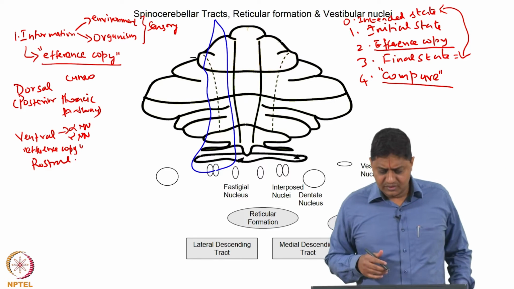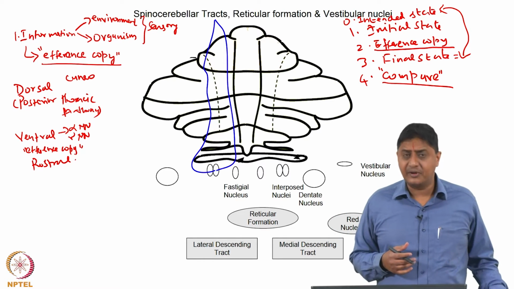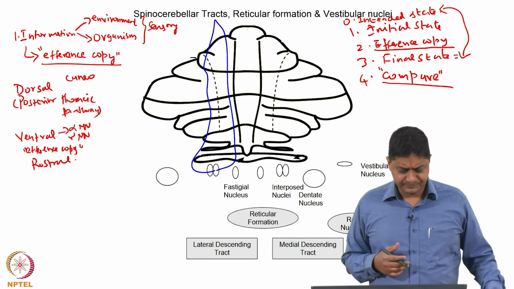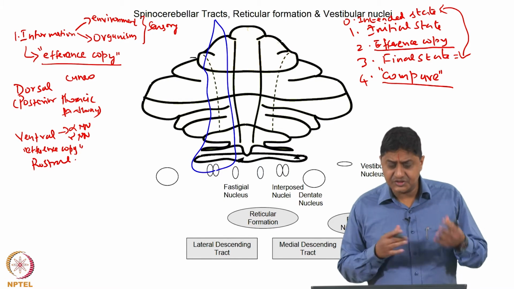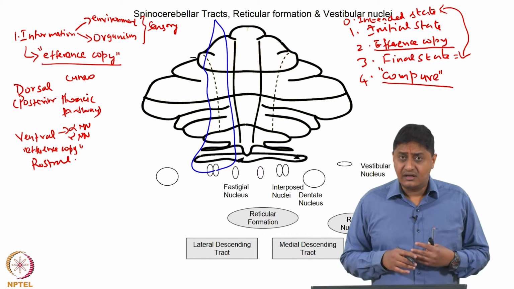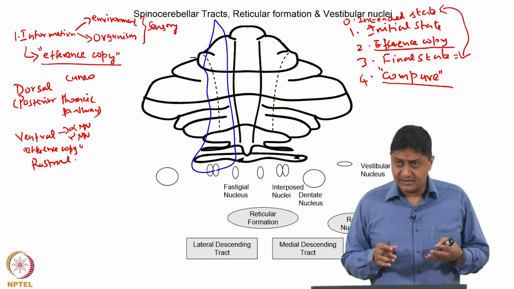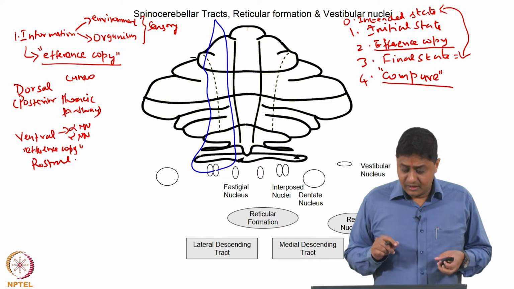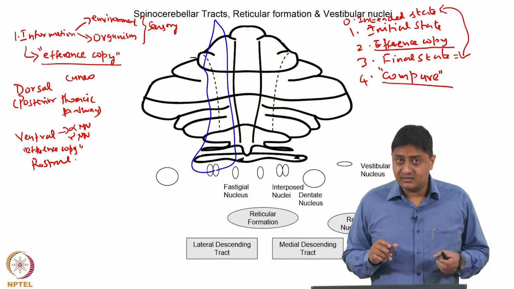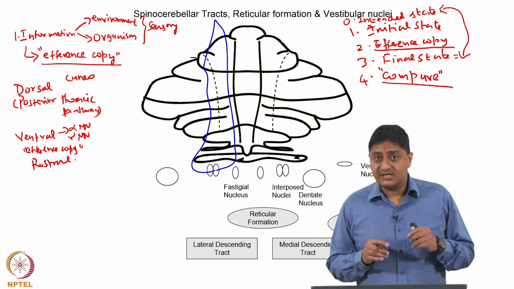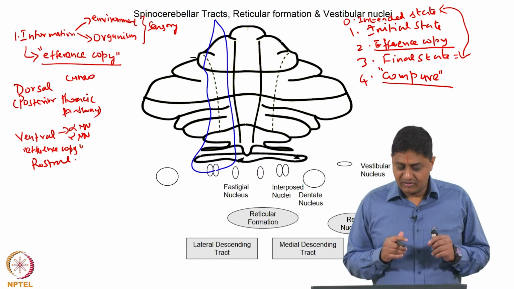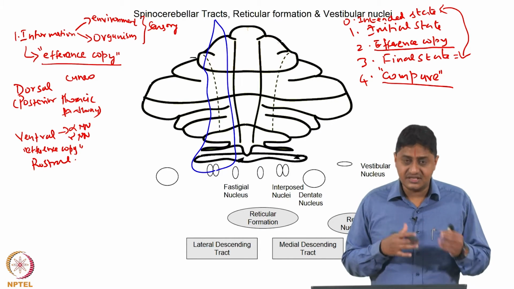It is known now from experiments on animals that these two perform different actions. For example, if there is a decerebrate cat and it is walking, you measure rhythmic activity of both the dorsal and the ventral pathways.